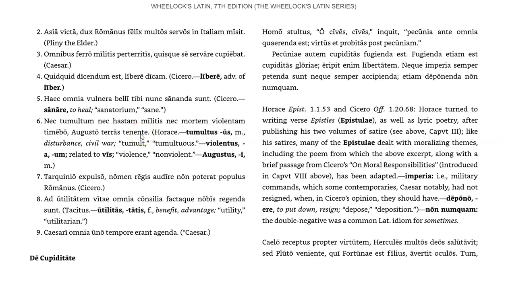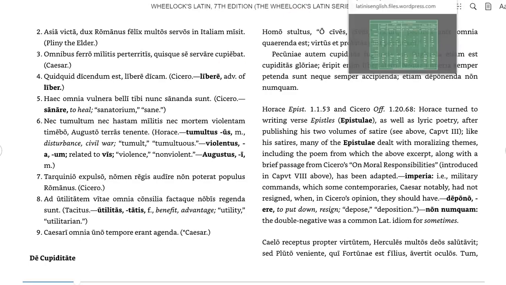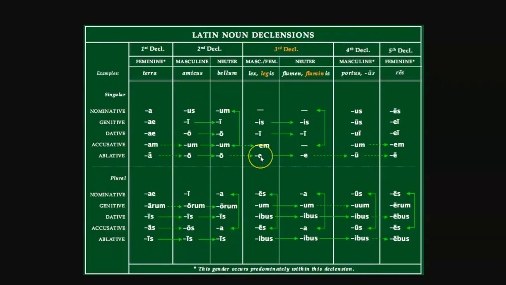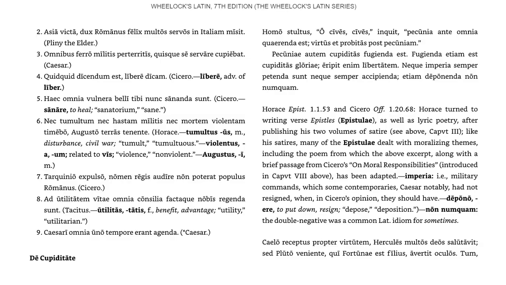Those are principal parts of hold, but notice that we have third declension ablative singular ending, namely e. So again, you can see there's our third declension ablative singular e, which means that we need to translate this ablative absolute in the present tense.